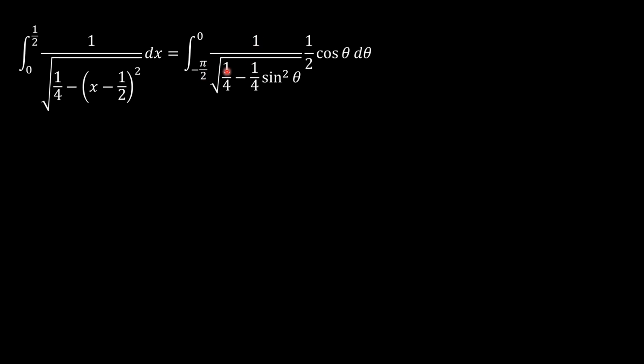of 1 over the square root of a quarter minus a quarter sine squared theta, times a half cosine theta. So we can pull a quarter out, so we have a half in the denominator, and this half can cancel with the half right before the cosine theta in the numerator. So the halves disappear, and now in the denominator we have the square root of 1 minus sine squared theta, which is the square root of cosine squared theta, which becomes cosine theta.